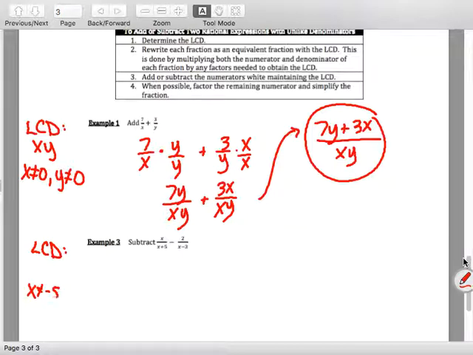X can't be negative 5 or 3. You got my restrictions. But what's the LCD? Yeah, x plus 5 times x minus 3. Because they're unique factors. Okay, x plus 5 is a factor. X minus 3 is a factor.